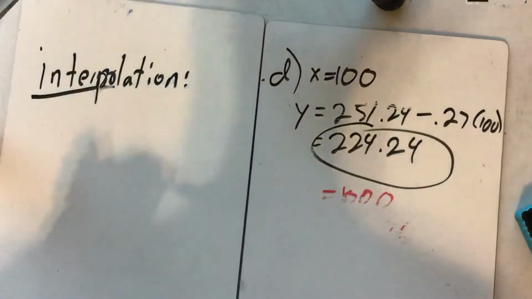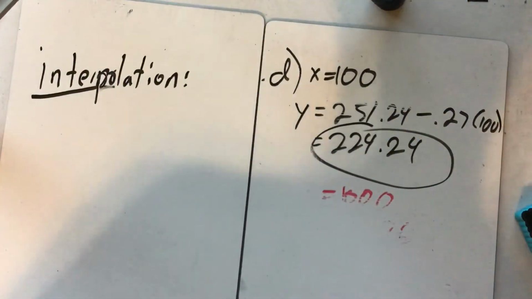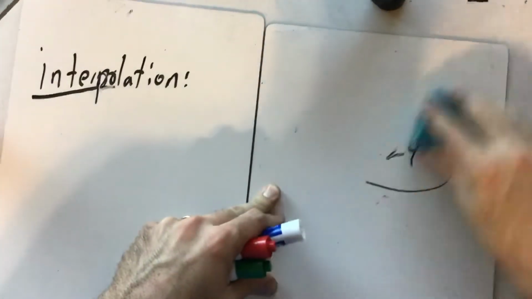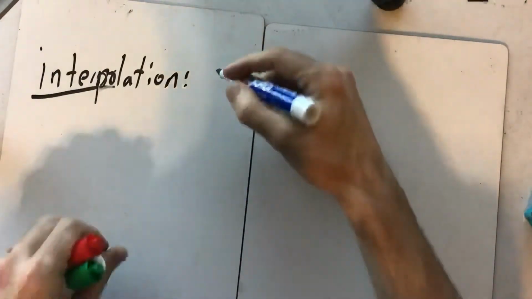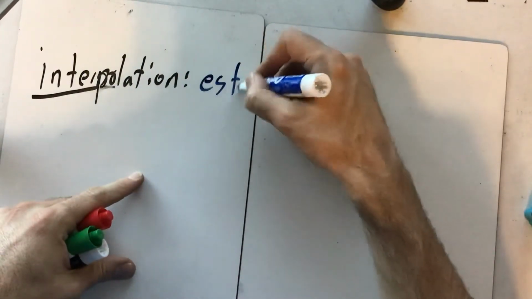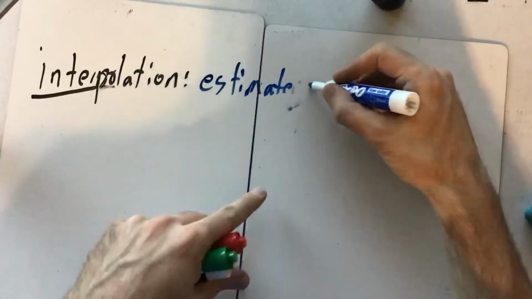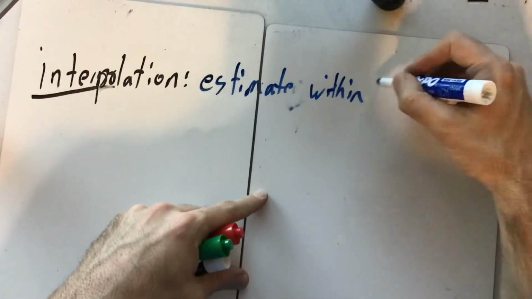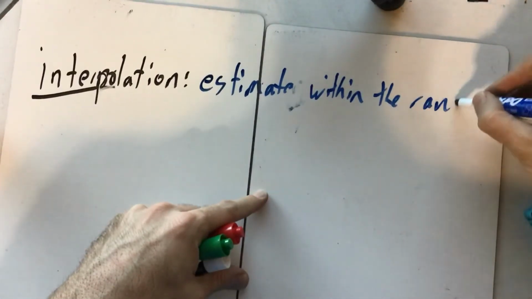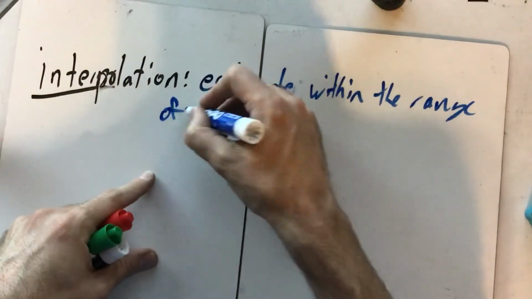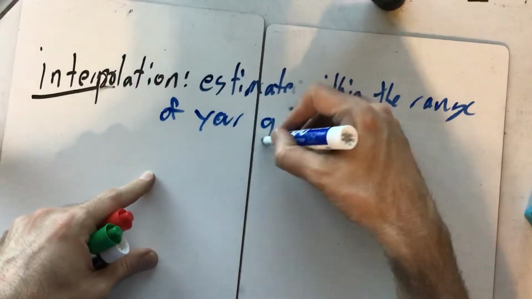And so inter usually means inside of. And so interpolation is an estimate taken inside the data you've already collected. An estimate within the range of your gathered data.